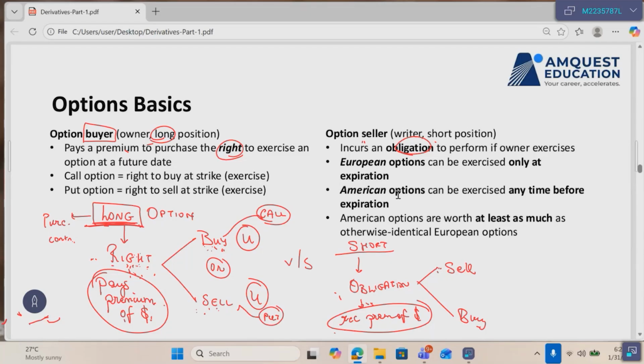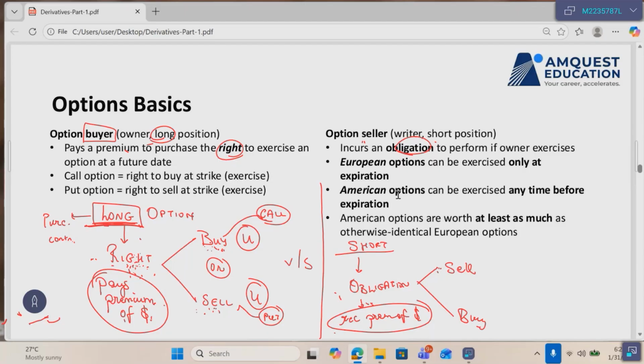If I say he has a long put, long means right and put means sell. So long call, long put: right to buy, right to sell. This is the contract. Now in life, when you ever do an option sum, always do it from the long point of view.